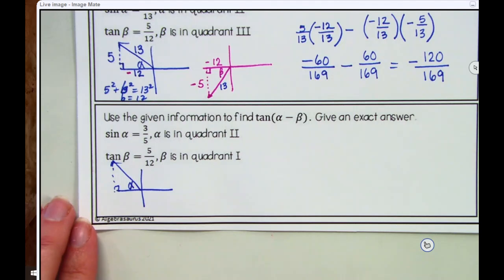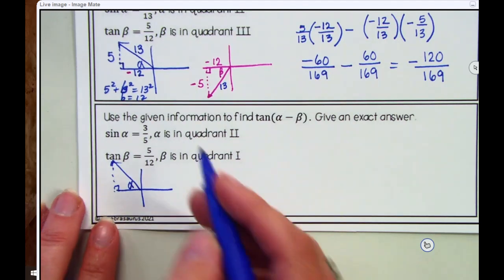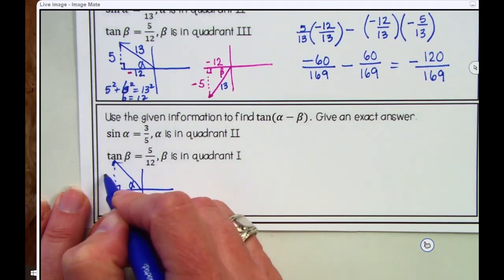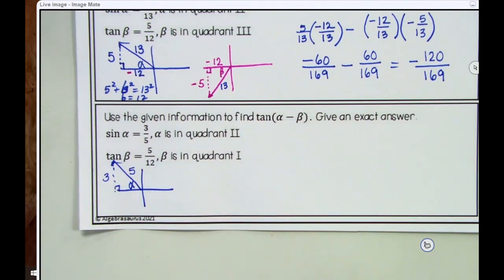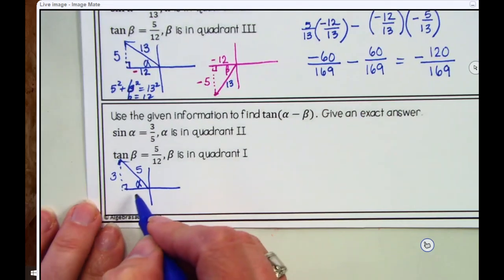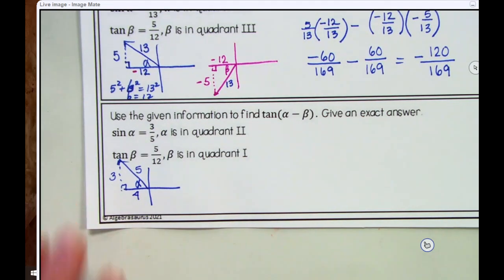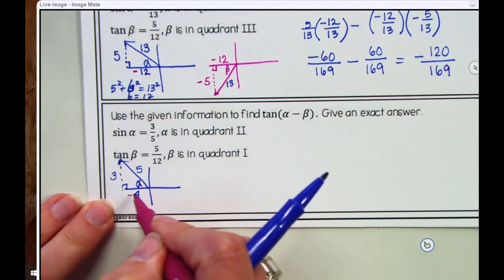And its sine is opposite over hypotenuse, 3, 5. Yeah, this is a 3, 4, 5 triangle. Perfect. What do I want to do right now to take care of my signs so I don't have to think about it later? Make it a negative. Yeah, make that guy a negative.